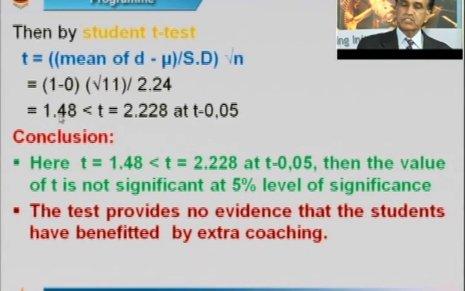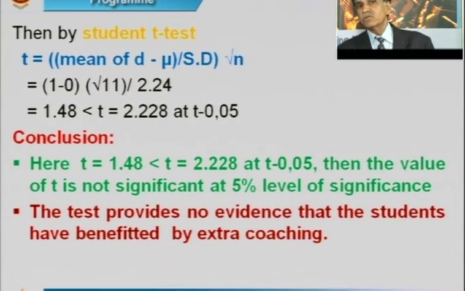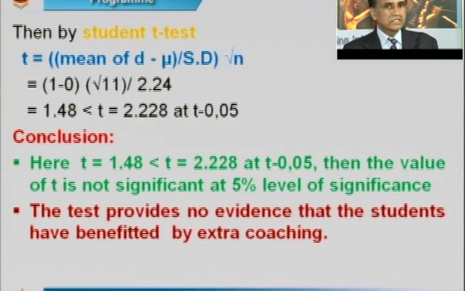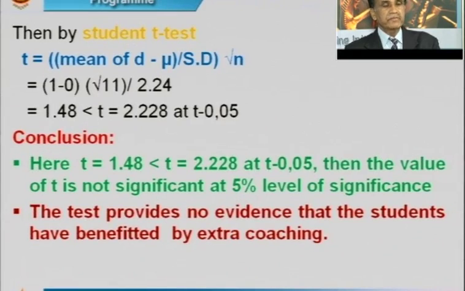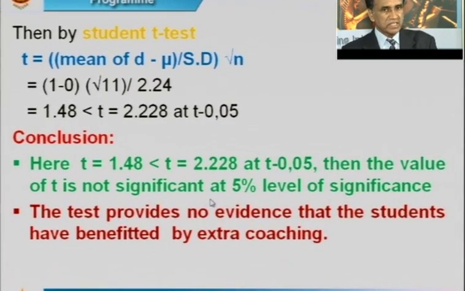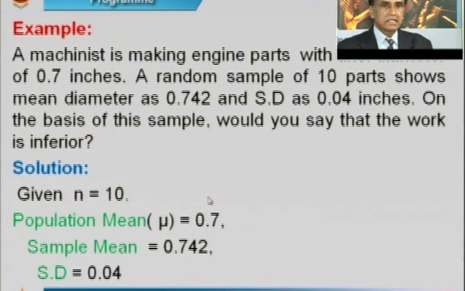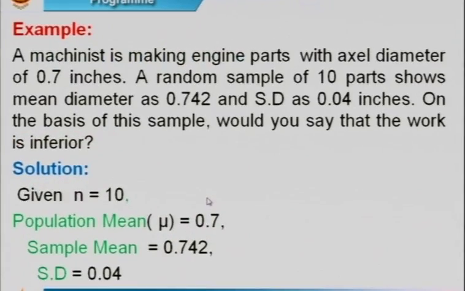The actually calculated t value is 1.48. If you compare these two, the calculated value 1.48 is less than the table value at 0.05, with mu as 0, so we conclude there is no evidence at the 5% level of significance. So this is the conclusion for two series of observations.